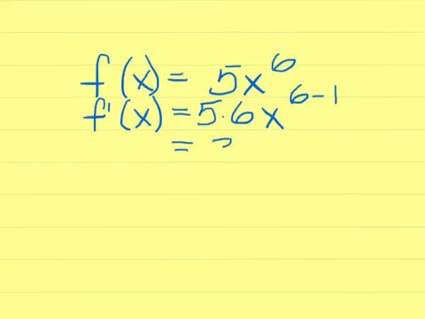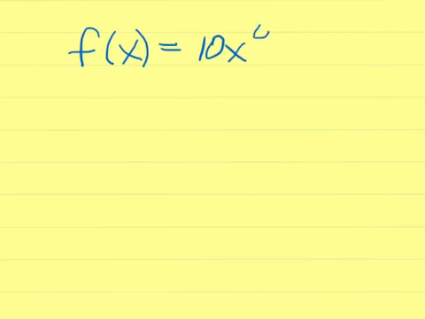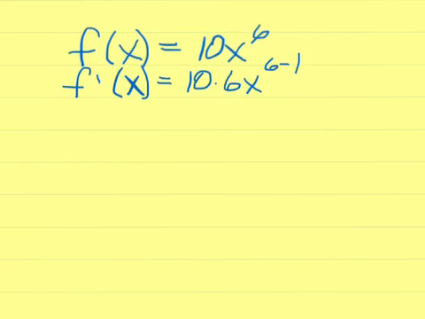So simplify that to get 30x to the 5th power. Find the derivative of f of x equals 10x to the 6th power. To find the derivative of 10x to the 6th power, you move the 6 down in front, subtract 1 from the exponent. That would be 60x to the 5th power.